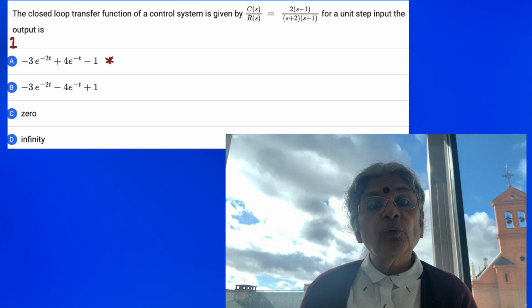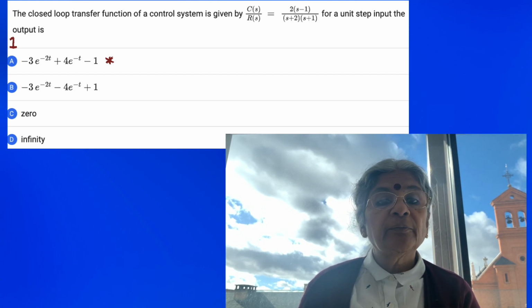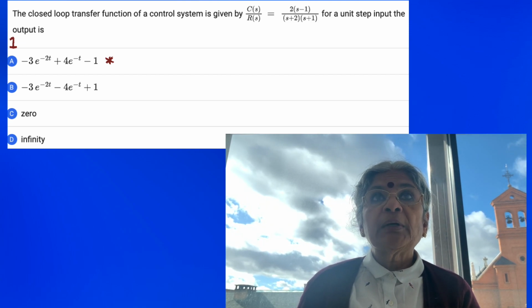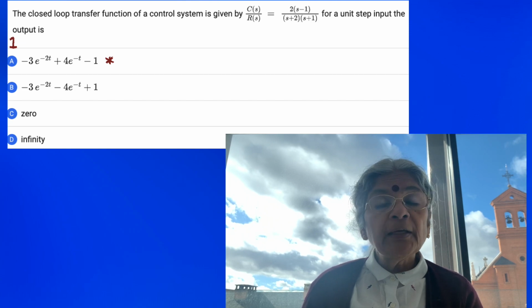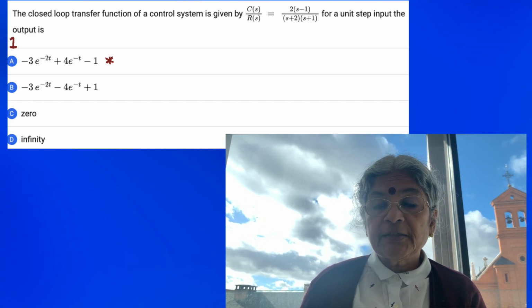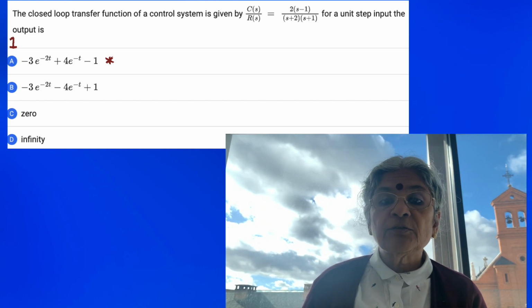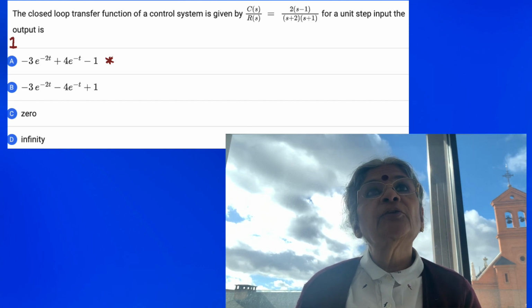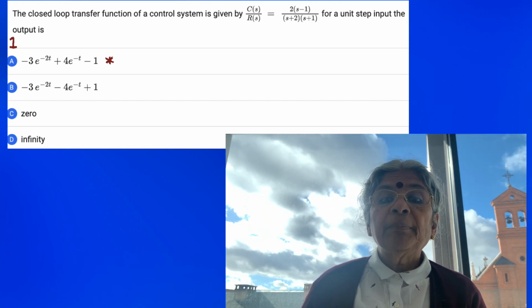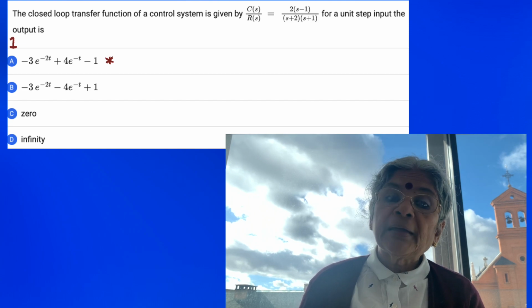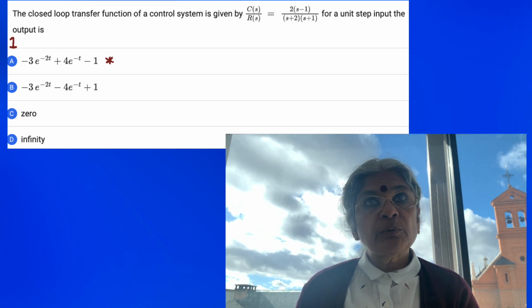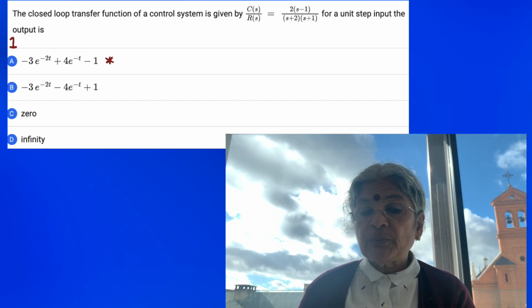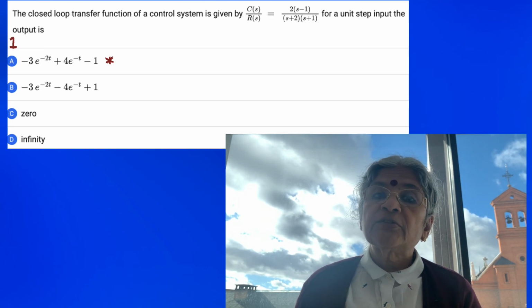On the other hand, if you want to find the constant associated with s + 1, which gives you K into e raised to minus t, whether it is 4 or minus 4, the only thing you have to do is to multiply 2(s - 1) / (s(s + 2)(s + 1)) by (s + 1). So s + 1 disappears, and then put s equal to minus 1.